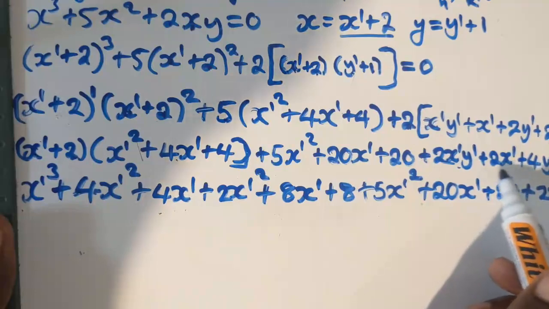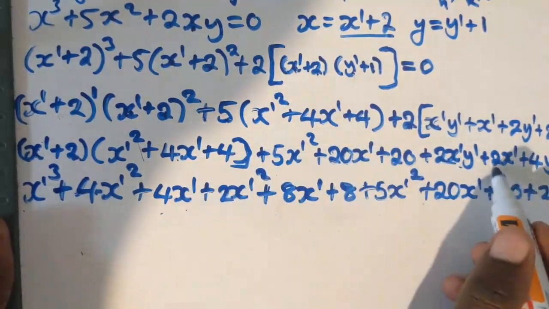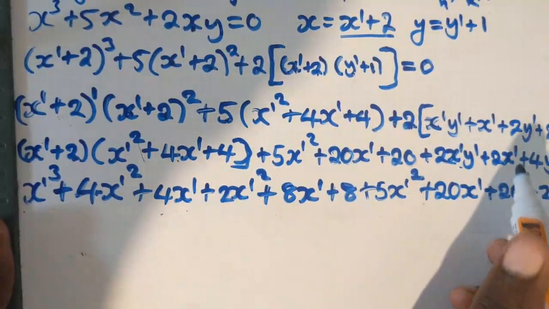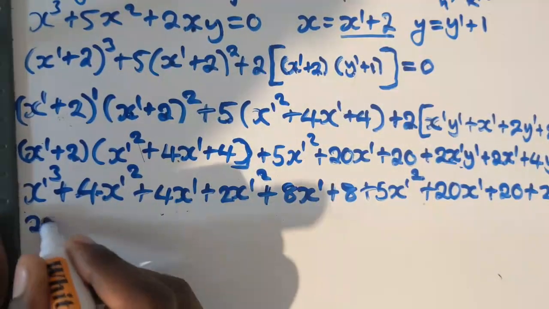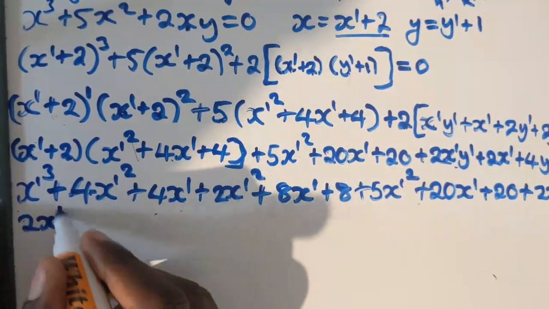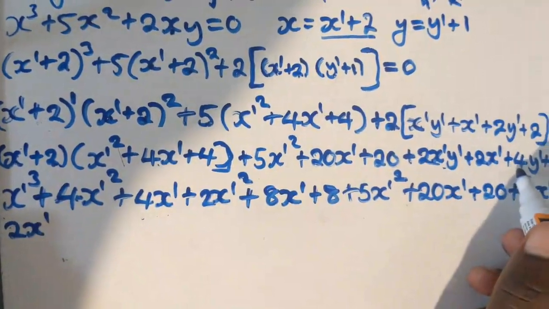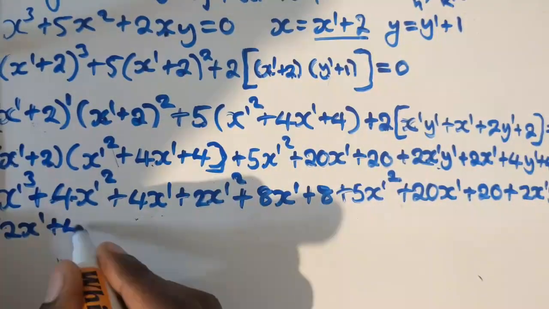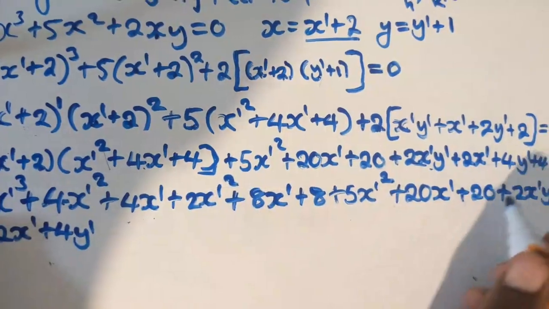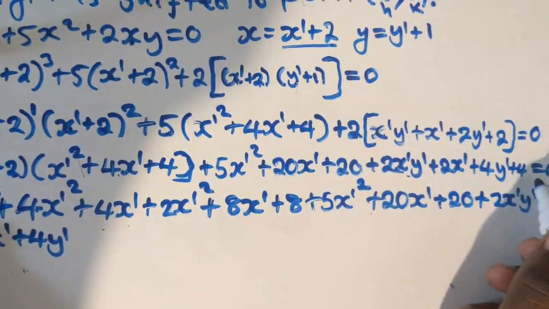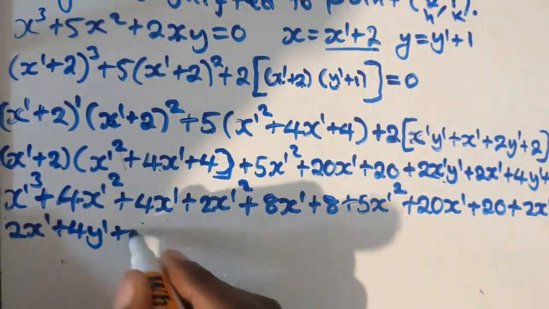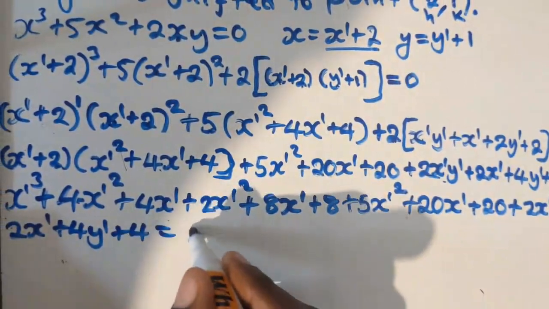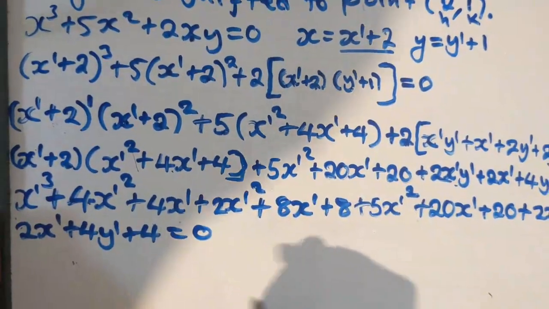I'll say this is 2x prime. Then we have 4y prime, so plus 4y prime plus 4 equal to 0. That is how it is.